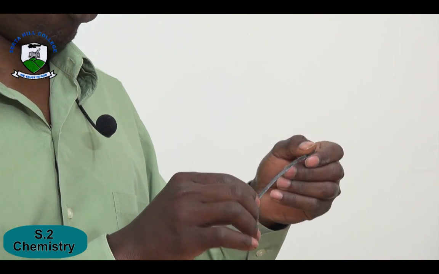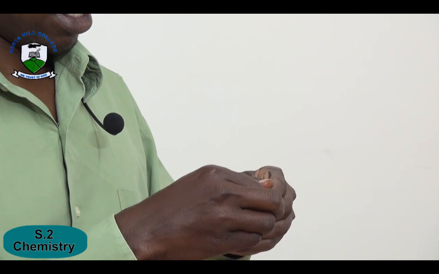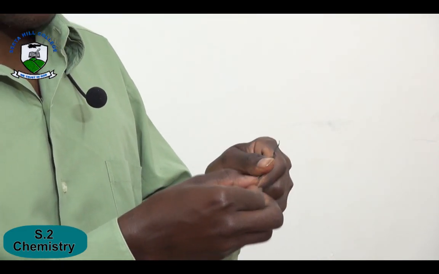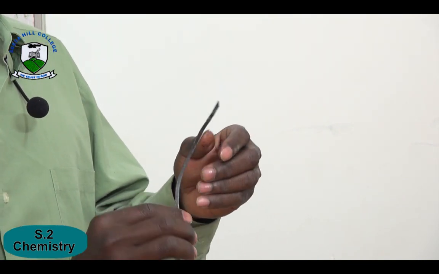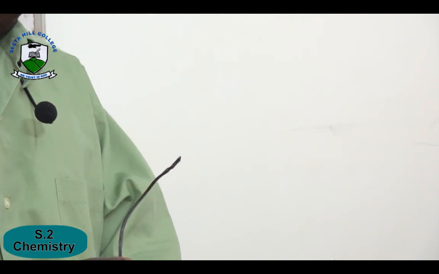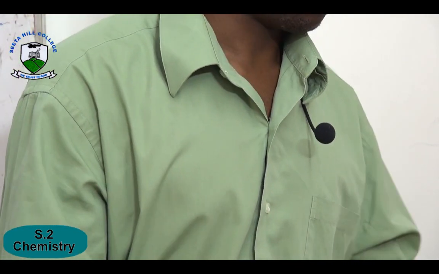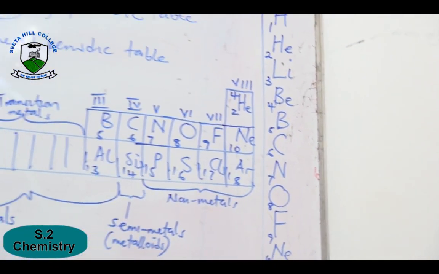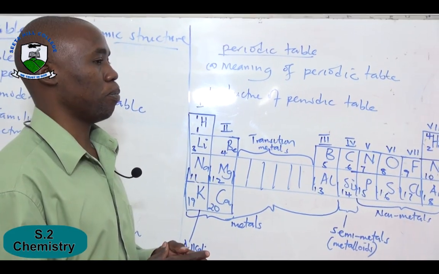If we scratch it a bit, it has a silvery gray appearance. That's magnesium ribbon. So group 1 will have silvery white color, silvery gray color.